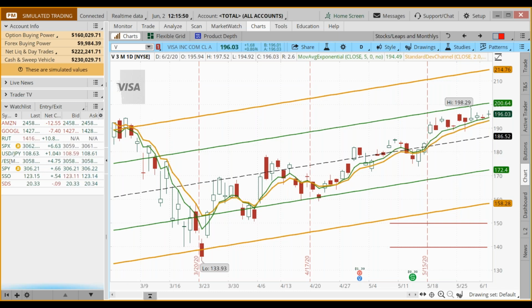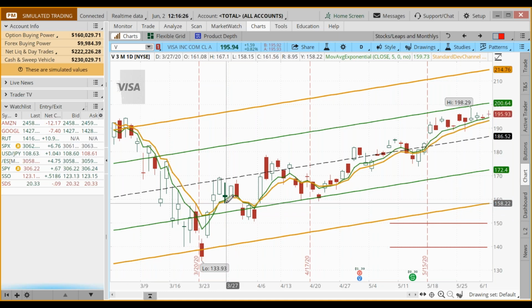Okay, so let's go over and take a look at the chart of Visa. Let's go back to here, which was a low, and look at the first measured move. It goes up, up, up, and this is the first intermediate high, if you will. Then it pulls back and makes a low, which is a higher low than this.